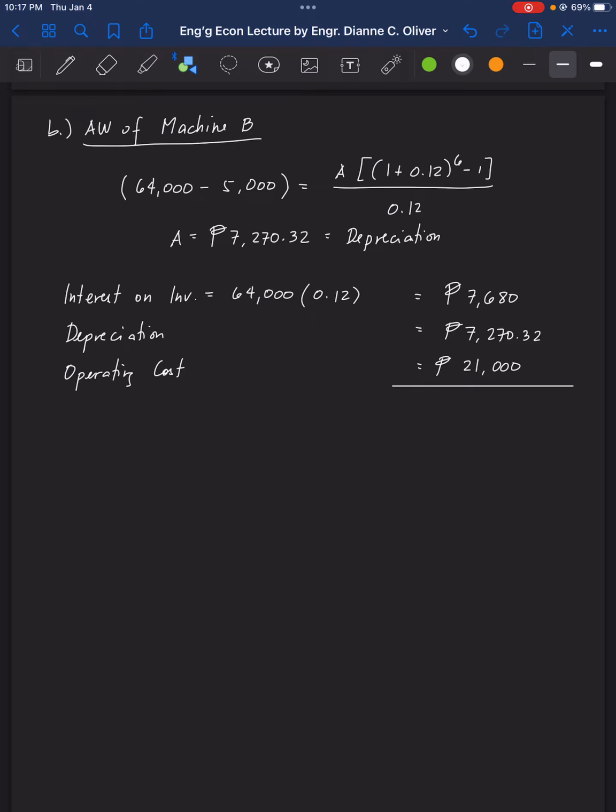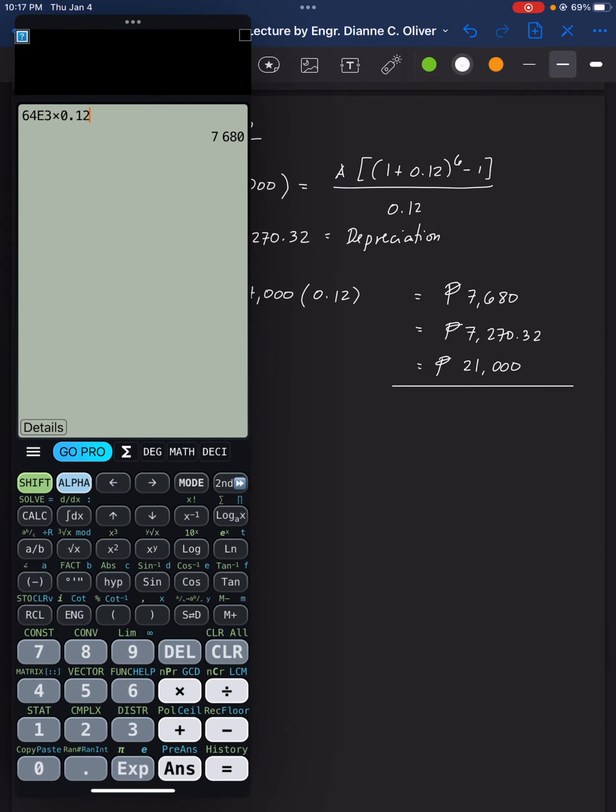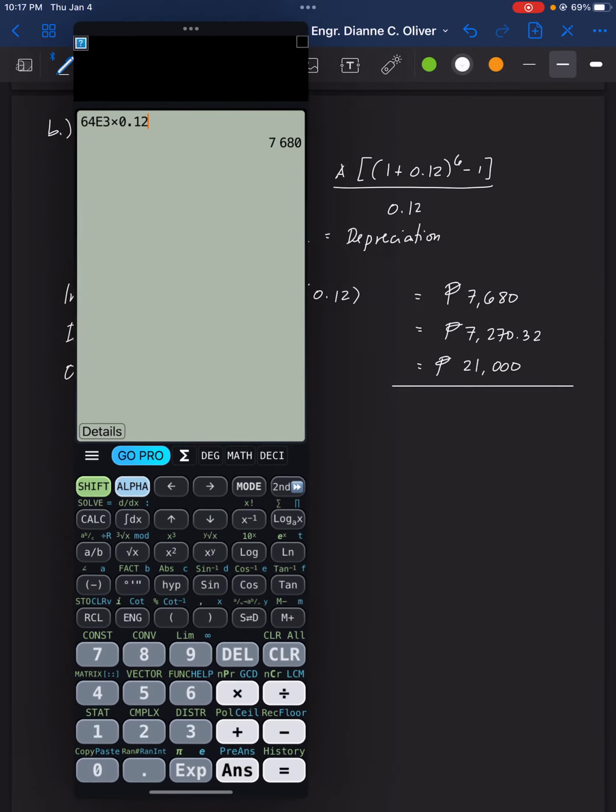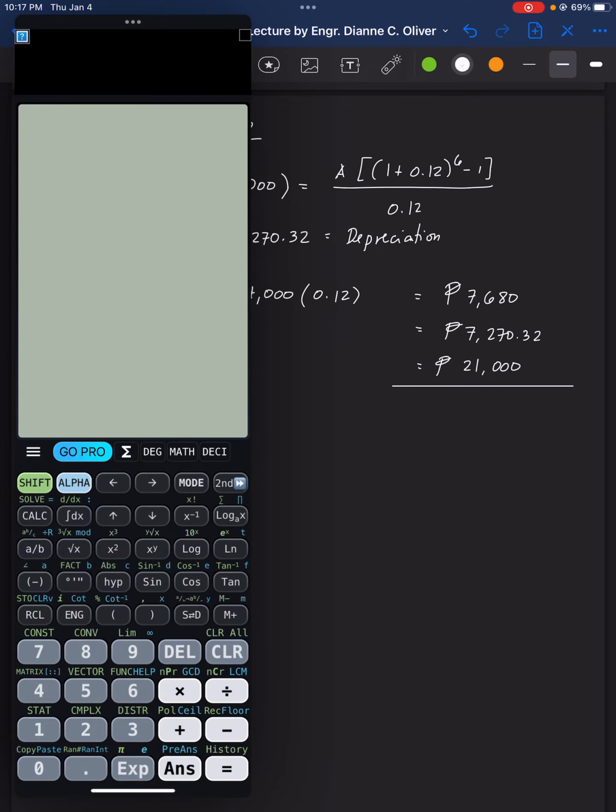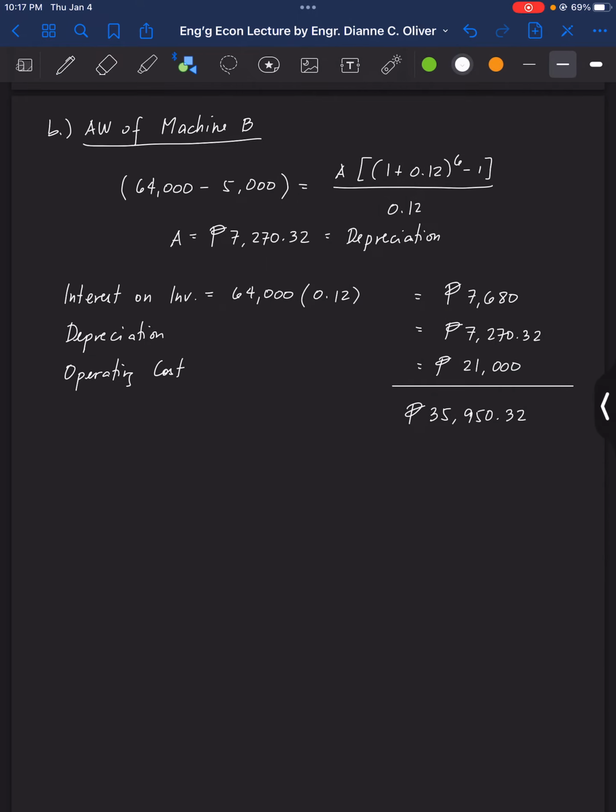So what's the total? So 7,680 plus 7,270.32 plus 21,000, so 35,950.32. So that's the annual worth of machine B.